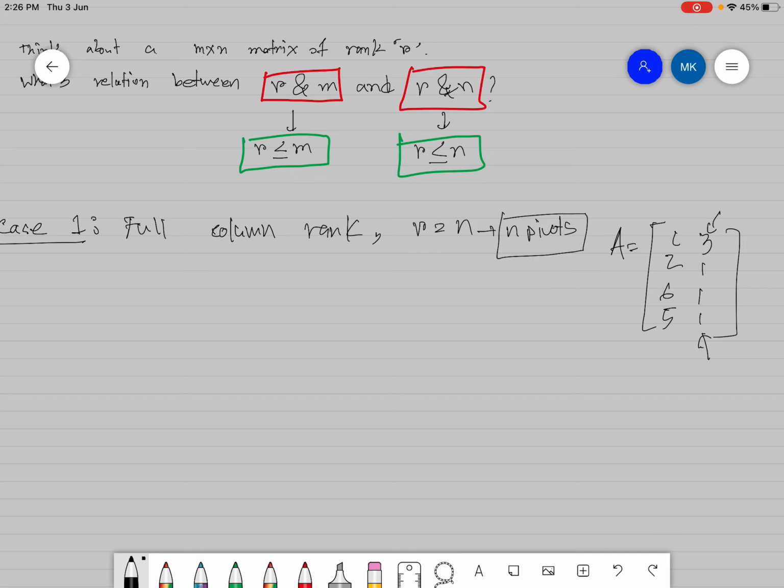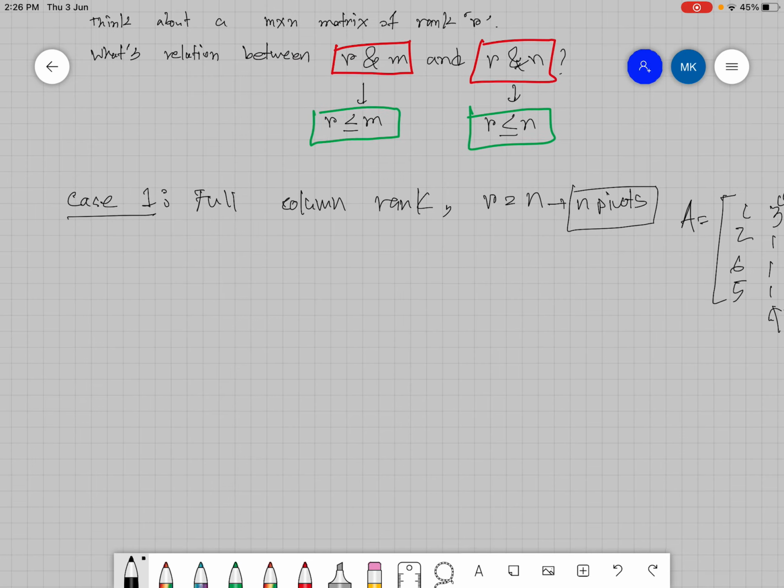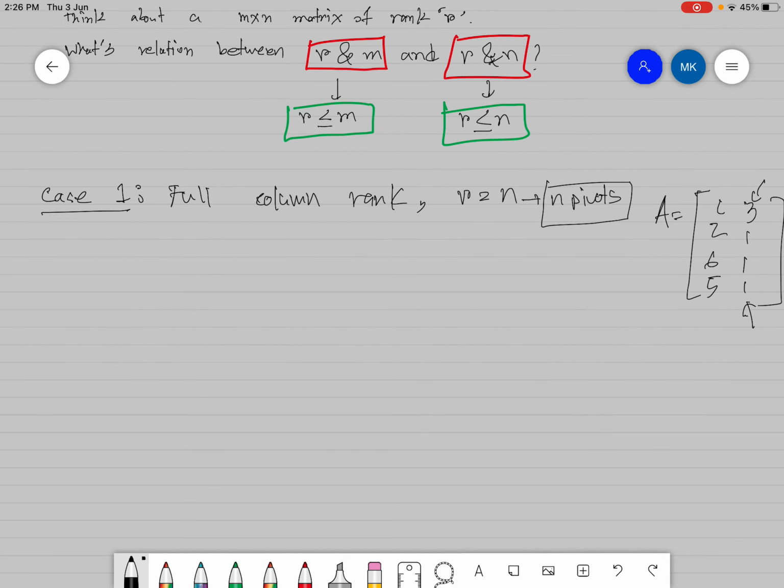Okay, so in this case, all these columns are basically pivot columns, and there is no free variable. So if there are no free variables, think on this, if you have no free variables, you cannot set 1 to any of the columns, right?